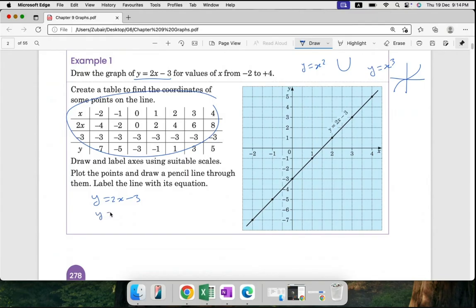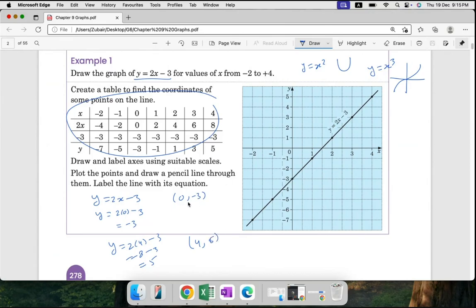So when I substitute x0, I get minus 3. So one point is 0 comma minus 3. Now if I substitute, let's say x4, y is equal to 2 into 4 minus 3, is 8 minus 3, that is 5. So x4 and y 5.